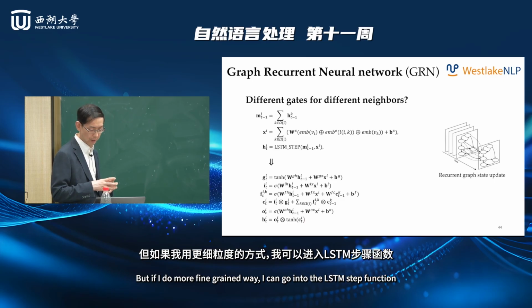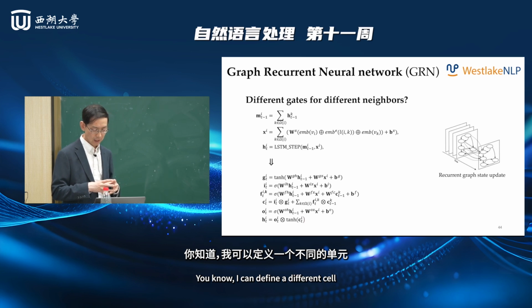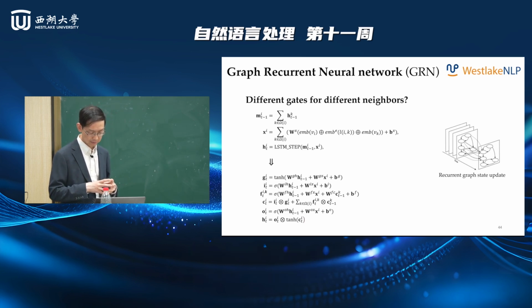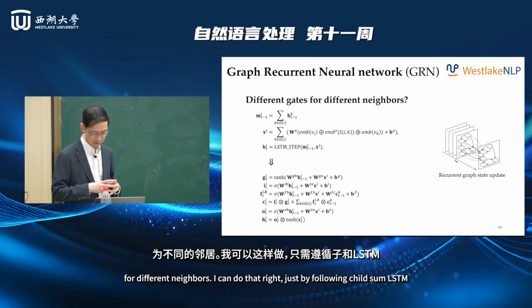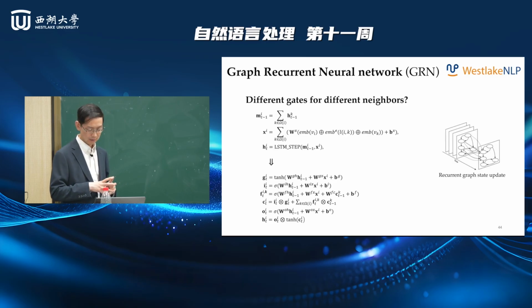But if I do more fine-grained way, I can go into the LSTM step function, you know. I can define a different cell, okay, for different neighbors. I can do that, right? Just by following child sum LSTM, right?